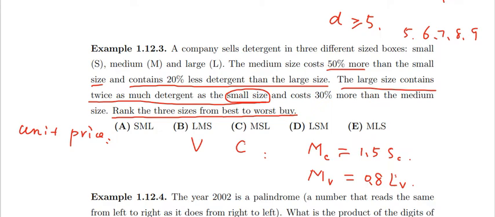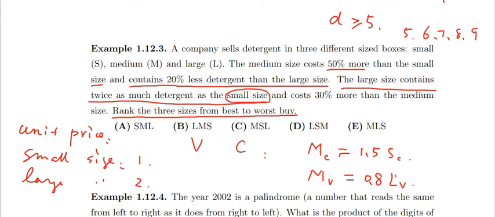Then the large size is 2, right? The large size contains twice as much detergent as the small one.